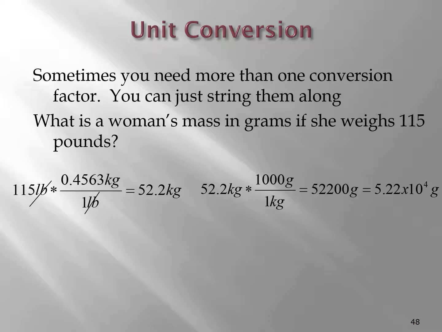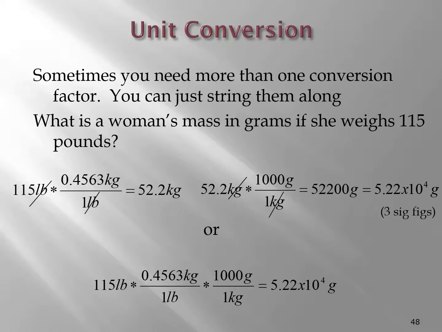We could also just do this all in one long string. There's the kilograms canceling out, and so our answer is in grams. We could have just started with 115 times 0.4536 divided by 1 times 1,000 divided by 1. You don't have to restart. If you like to do it step by step, that's fine, but if you like to do it in one calculation, that's fine also.